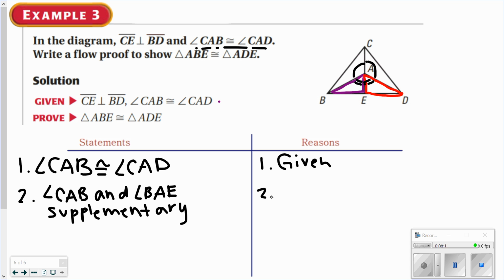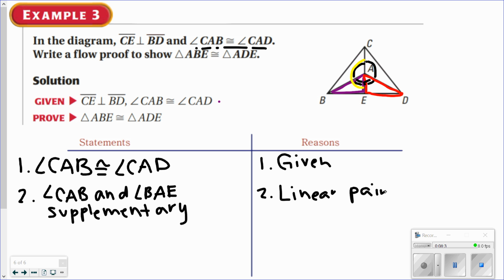Why do I know that these two angles are supplementary? Well, they're a linear pair. So that would be my reason: linear pair.